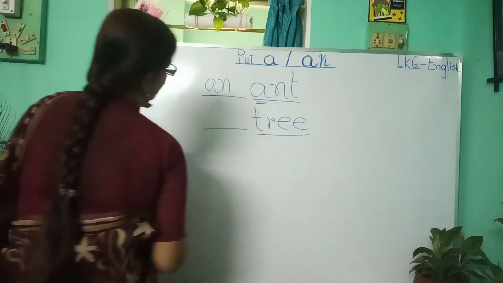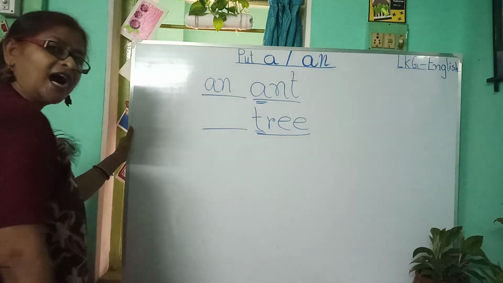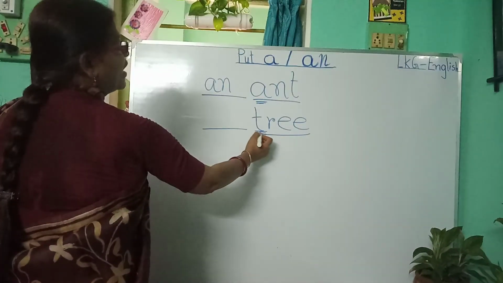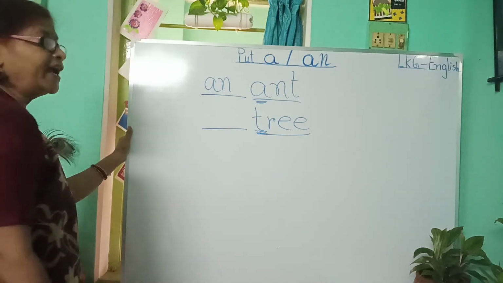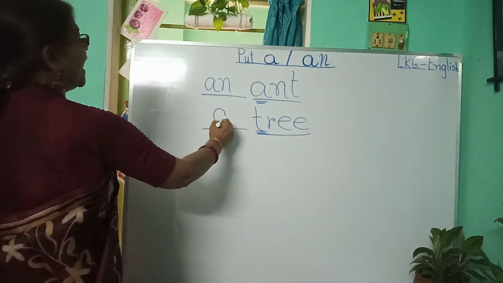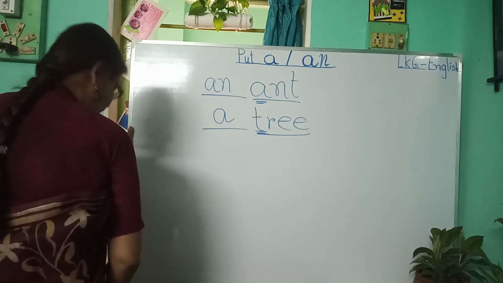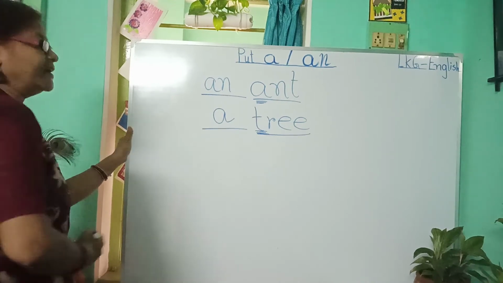The starting letter of tree is T. T is a consonant. Before a consonant, I will put a. And before a vowel, I will put A-N.